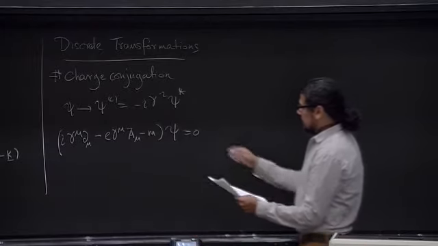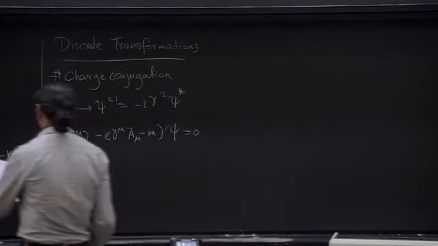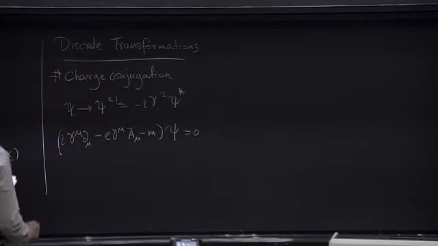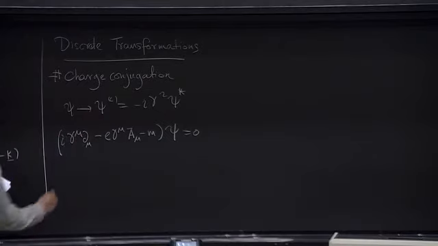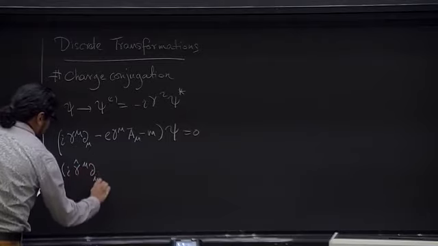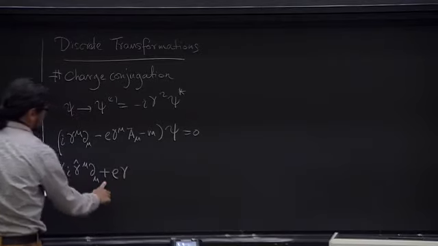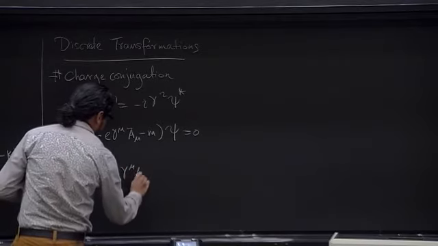You can show, by just taking the complex conjugate of this, that the charge conjugate spinor also satisfies the Dirac equation, but with a plus sign in front of the charge.